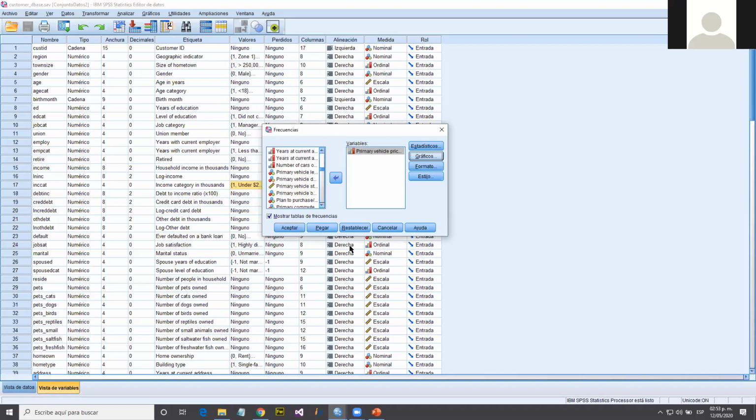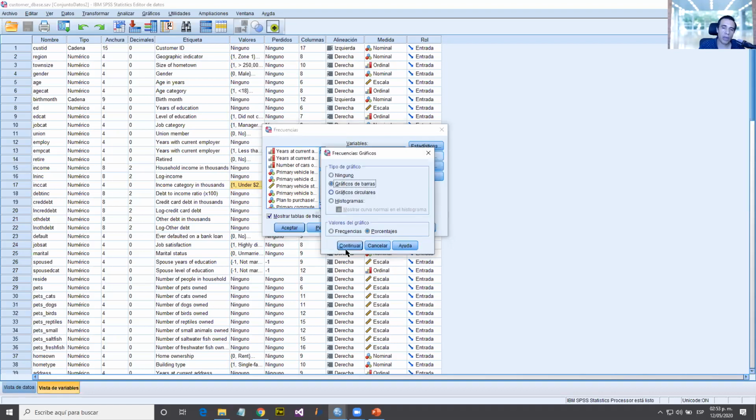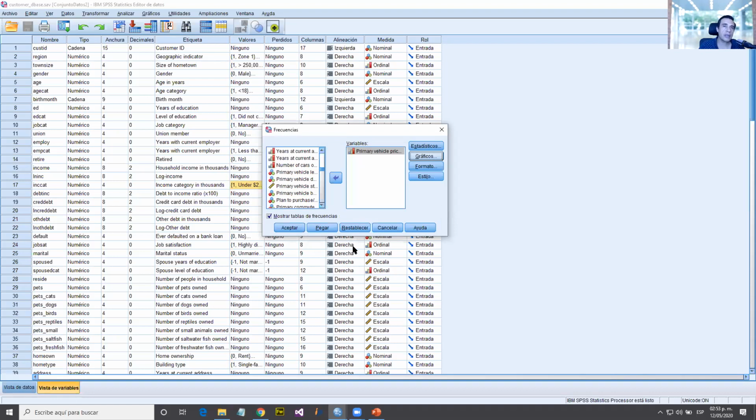Did you select graphs or statistics? Graphs, because the exercise said that you have to choose a graphic. In this one, the most important one is the frequency table.